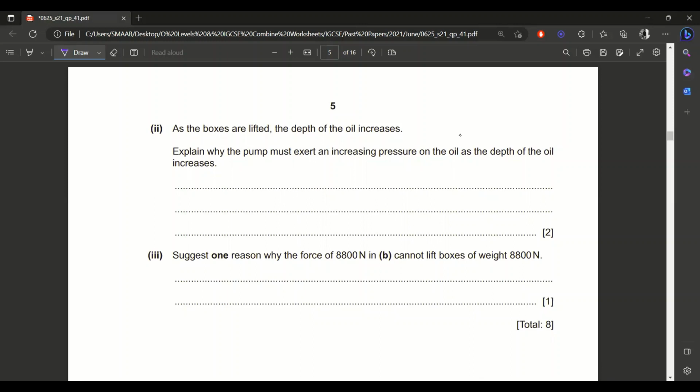Yes, so we are going in the depth, so it means we need to apply a greater pressure. So pressure increases with increase in depth.